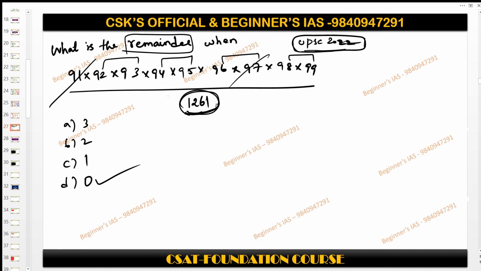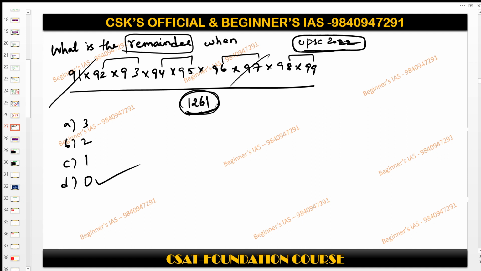One logic I will give you: whatever be the expression, when it is divided by 100, we'll get a two-digit number as a remainder. Then can you eliminate 50% of the options? Yes.